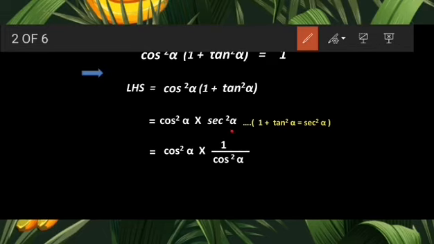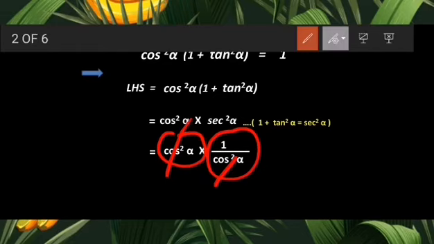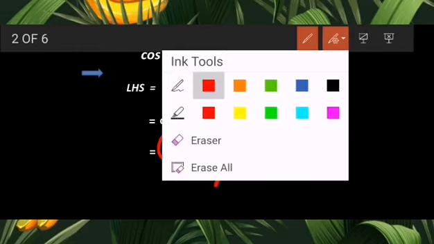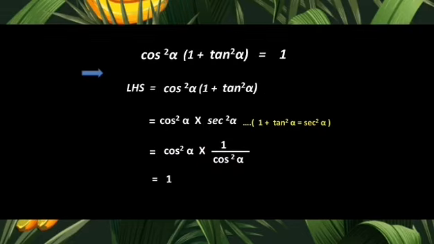See over here, we have one fraction, we have one normal number, and it is a multiplication sign. In multiplication, we can cancel the numerator and denominator if it is possible. So cos square alpha will be cancelled out, and we get the final result as 1. Moreover, the way I told you, the product of two terms which are reciprocal of each other is always 1.